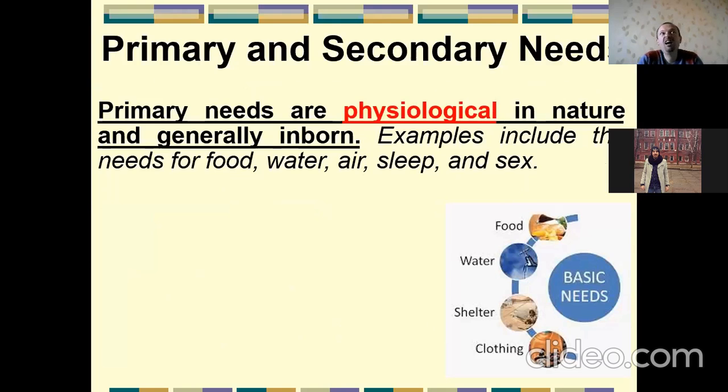He or she is crying. He or she can't speak, I mean, doesn't know any word, but understands that it is some inconvenience. So he or she is crying, "Mama, mama, please feed me." So here is an example of a primary need.